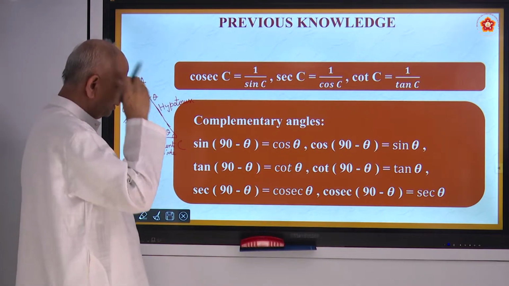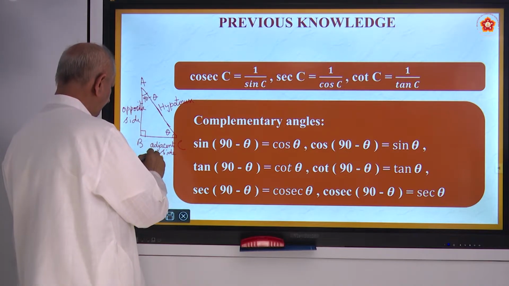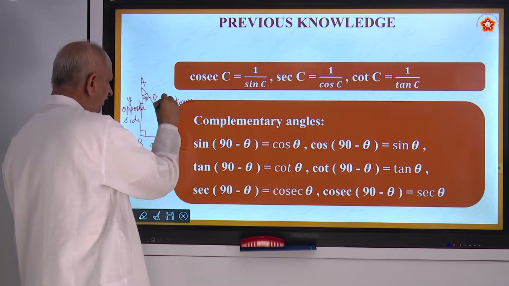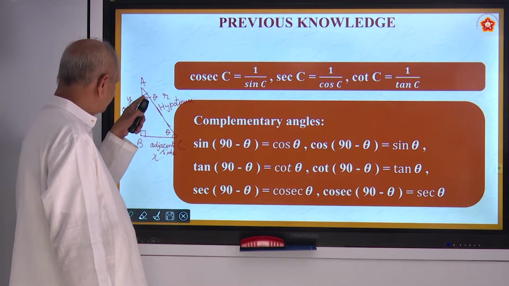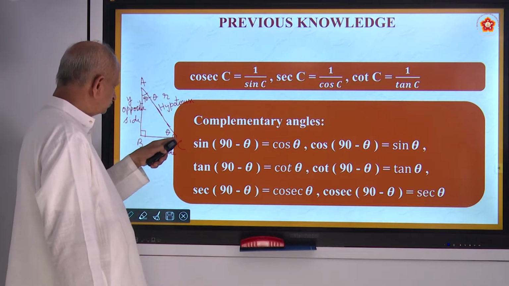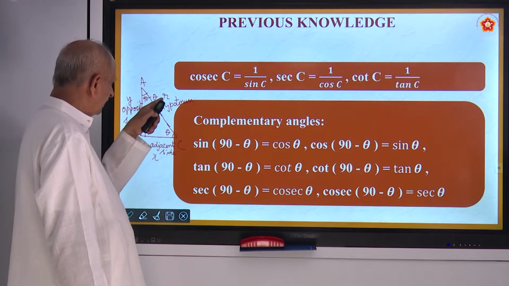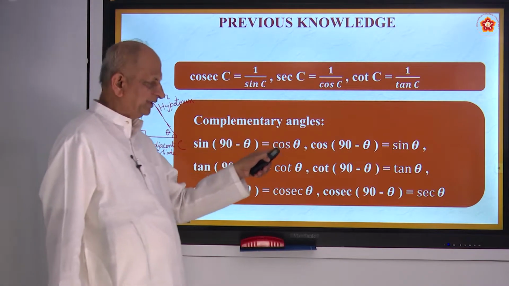Okay. This also you have seen. Suppose you call this x here, this y here, this r here. Suppose sine of 90 minus theta. So sine means opposite side, which will be this one, that is x, and hypotenuse is r. So x by r becomes cos theta. That is the meaning.